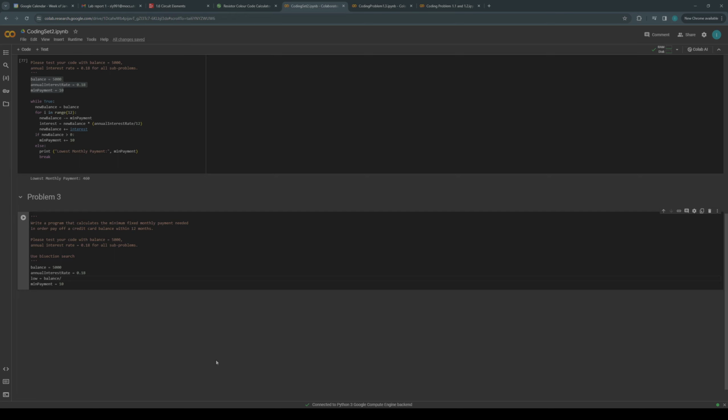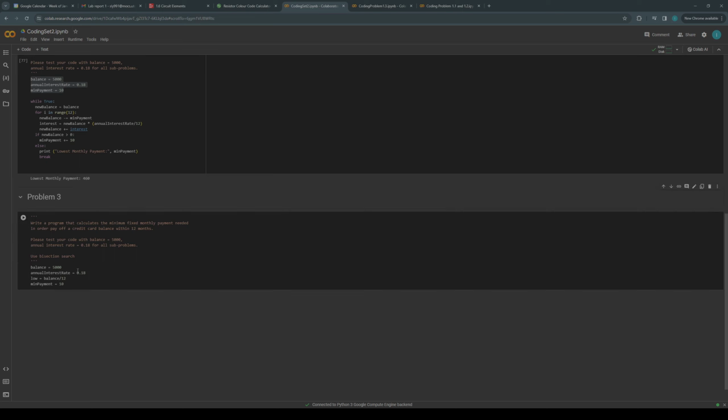If we had no interest and we were paying off over 12 months, the lowest monthly payment would literally just be balance divided by 12, because we have 12 months. So that's all that it would be. And I think it's okay if I do that as balance divided by 12. I believe it should.